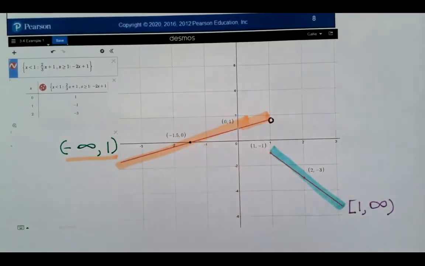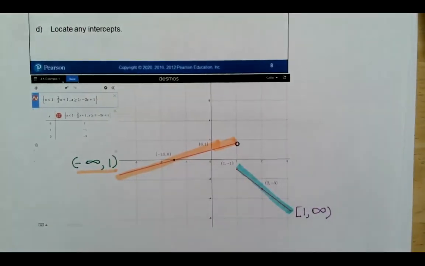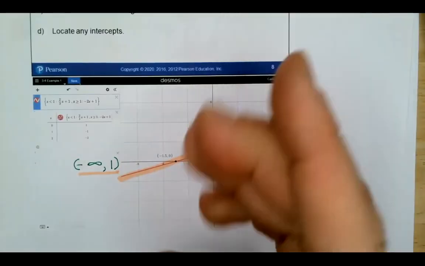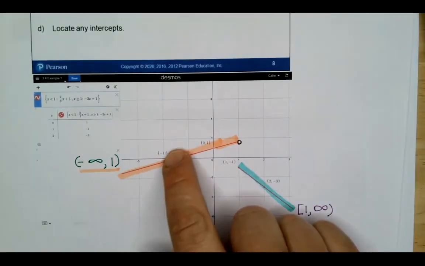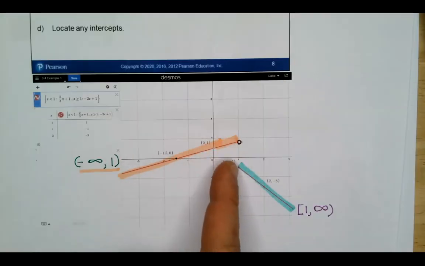Basically, the graph goes on forever and changes at 1. It goes on forever in this direction from negative infinity, stops here. Here it jumps down. This line does not exist at 1. This line does exist at 1.